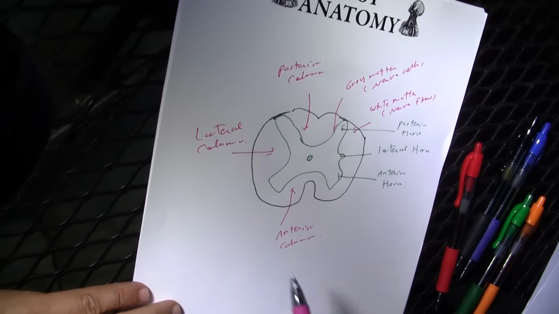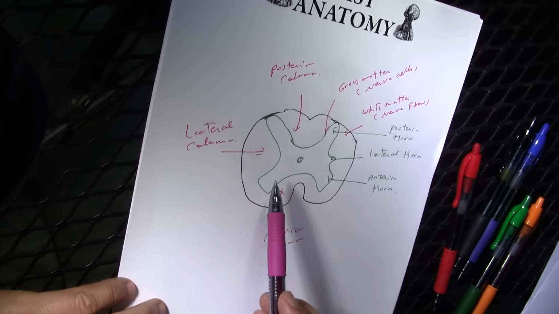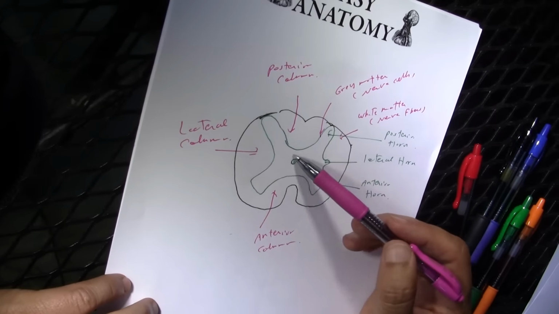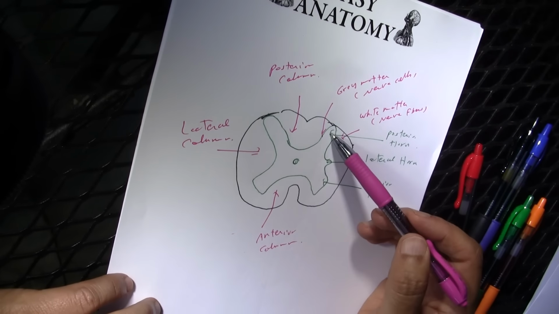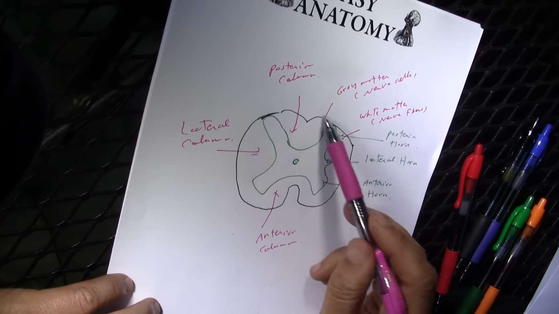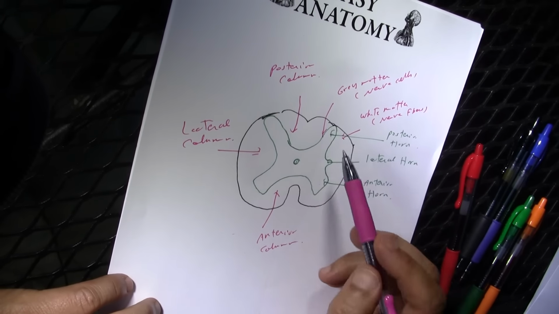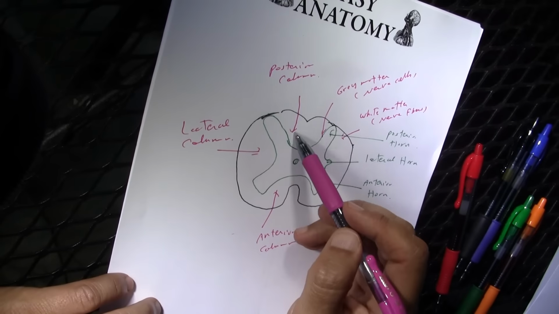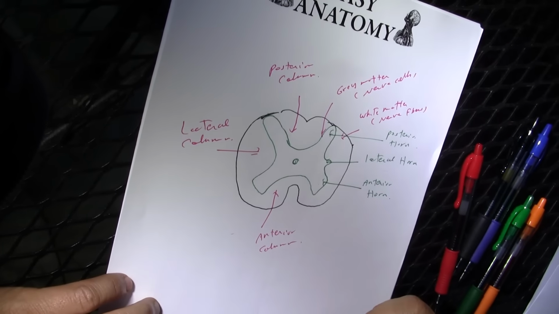So this is the general structure of the spinal cord in cross section. You have H-shaped gray matter with posterior horn, anterior horn and lateral horn, dividing the white matter around it into posterior column, anterior column, and lateral column.